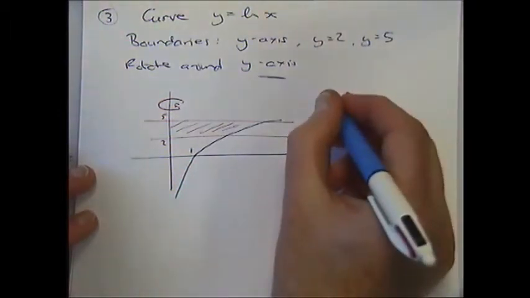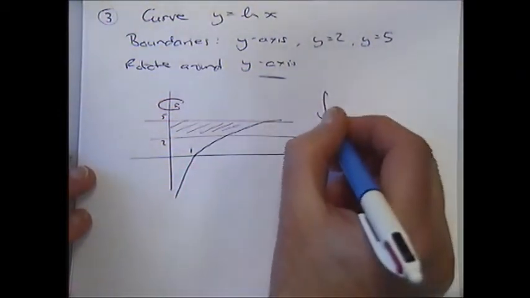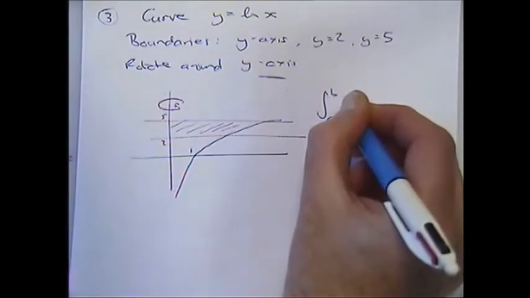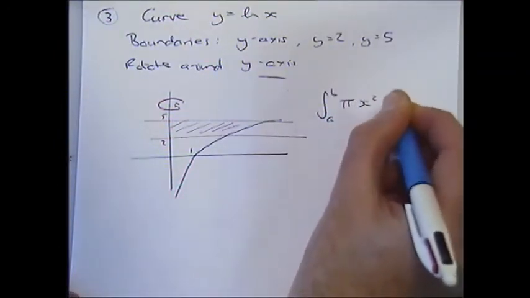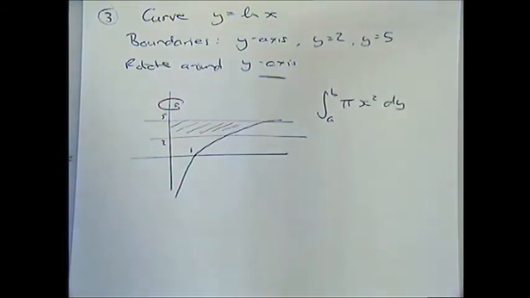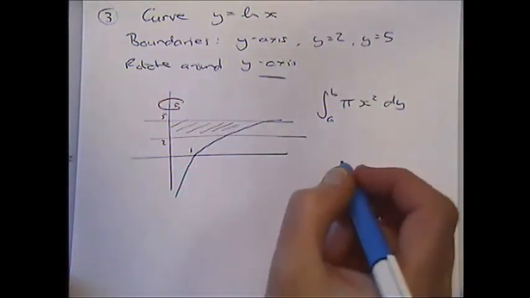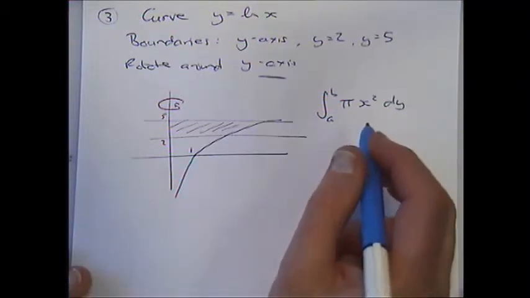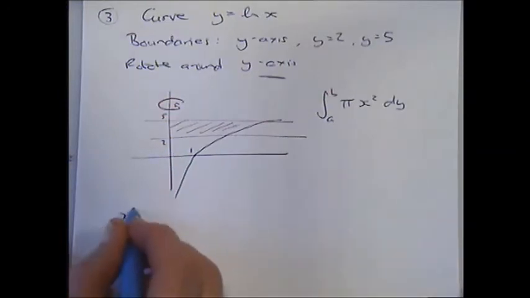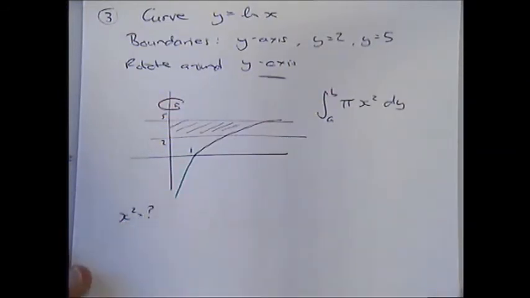So the rule we had for rotating around the y-axis for the volume was, between our limits, pi x squared dy. What's x squared? That's our issue here. What does x squared equal?